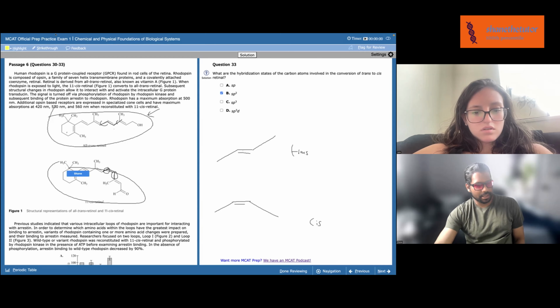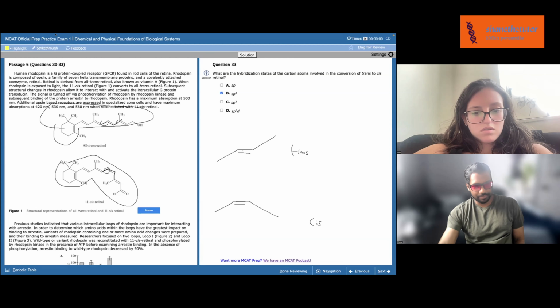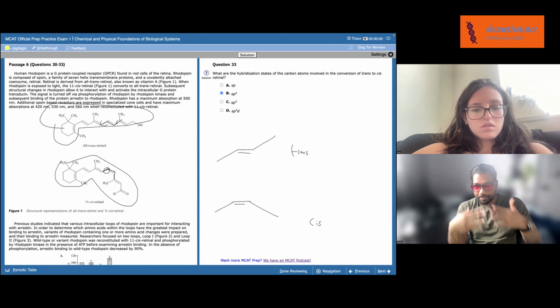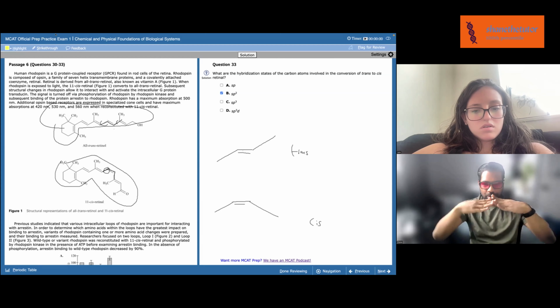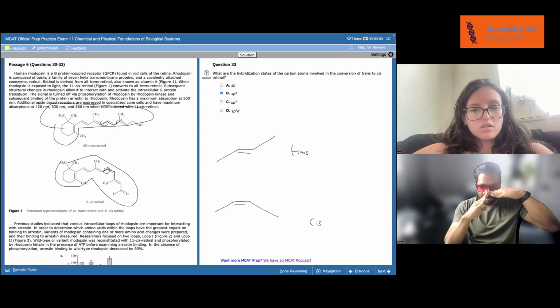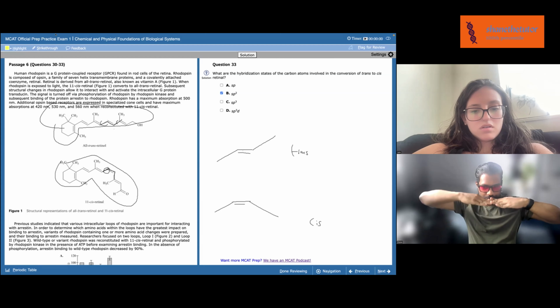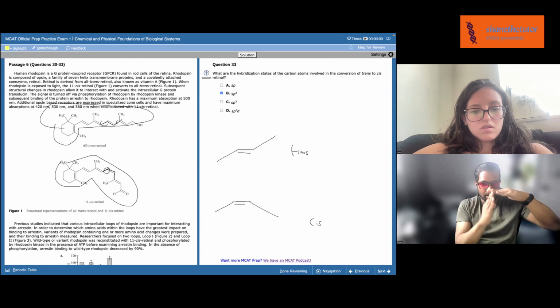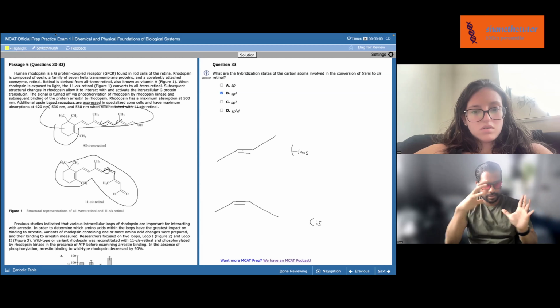Whereas this is making, here, how can I draw it? So this looks like that, but this looks like that. The cis creates that kink that puts a bend in it. And if you have a bend like this, as opposed to this, the bend is harder to pack closer together.